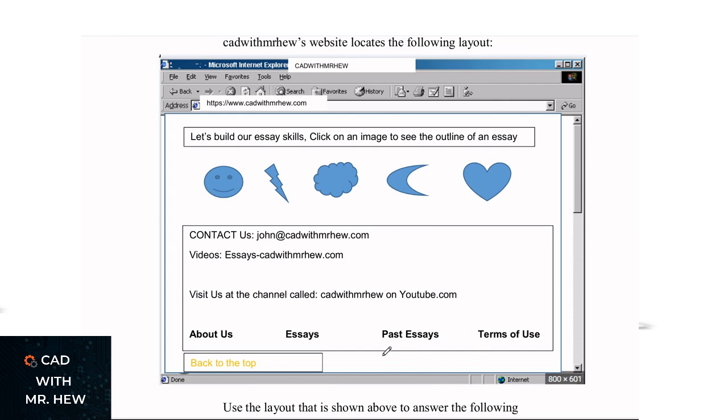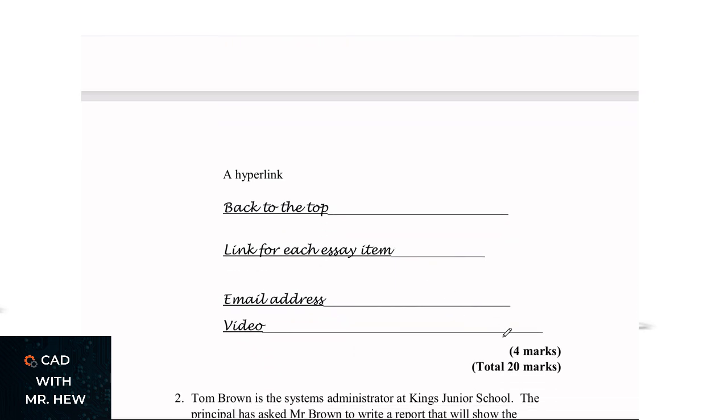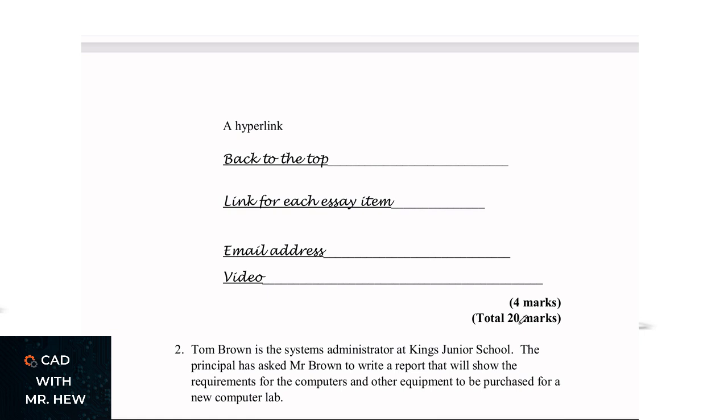If you click on these, it will navigate you to a different web page on the same website, right? If you click on videos here and also the email, you'll be navigated to another web page, whether internally or externally, using the hyperlinks. Okay. This question is worth 4 marks, and the total marks for question 1 is 20 marks.